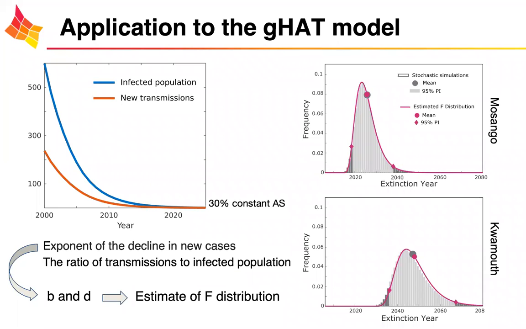You can also see that the average extinction year is quite different between these two. However, this approach can provide a good estimate of extinction time for these two parameter sets.